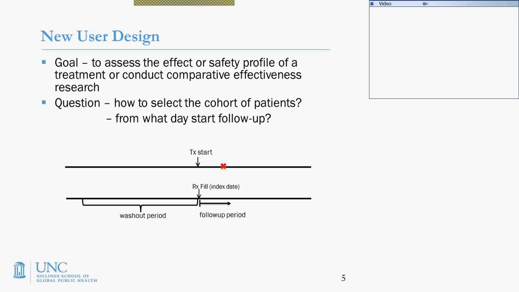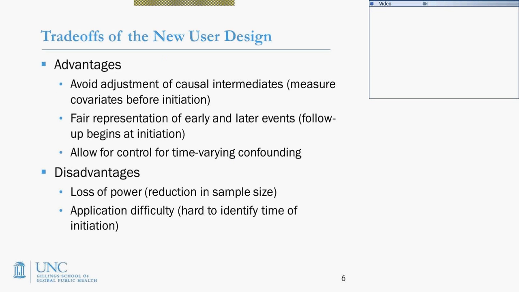You have the first prescription fill and use that as the date when they initiate the drug, the index date, and then you start following them from that day. So you're likely to have a fair representation of early and later events, you avoid the potential to adjust for causal intermediates, and you also have the potential to control for time confounding.